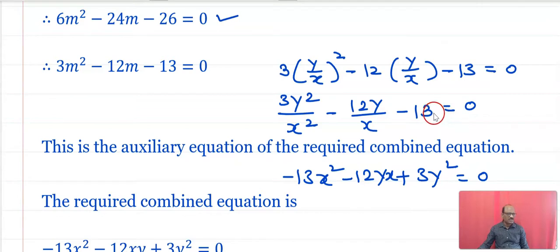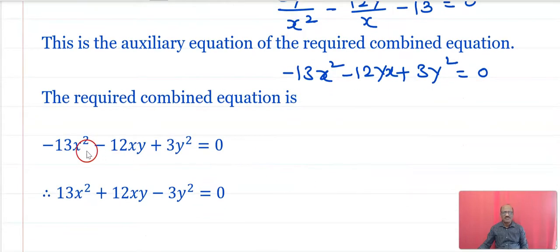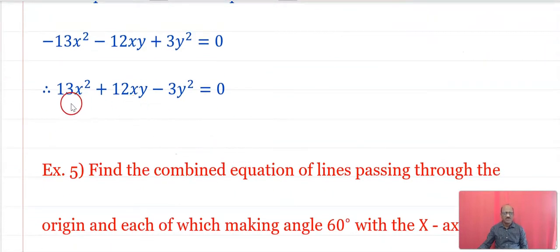When we write this equation, the first term is minus 13x square, middle term is minus 12xy, and plus 3y square, that is, minus 13x square minus 12xy plus 3y square is equal to 0. And again it can be simplified to 13x square plus 12xy minus 3y square is equal to 0. We always write the first term as positive.